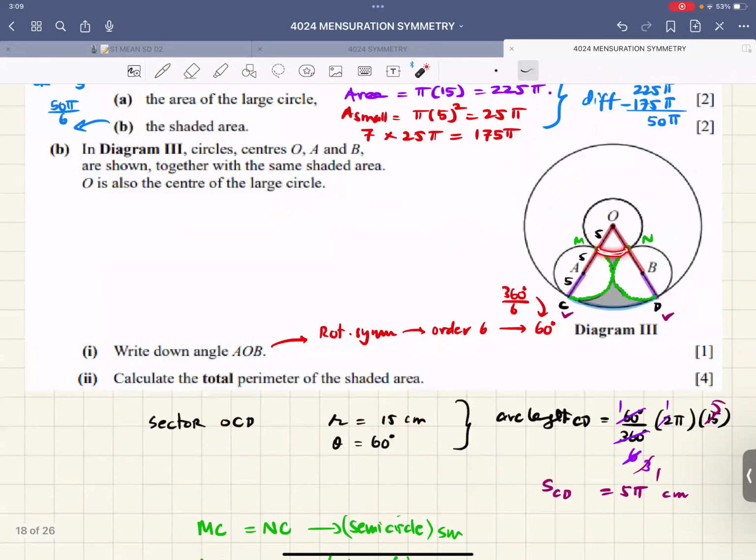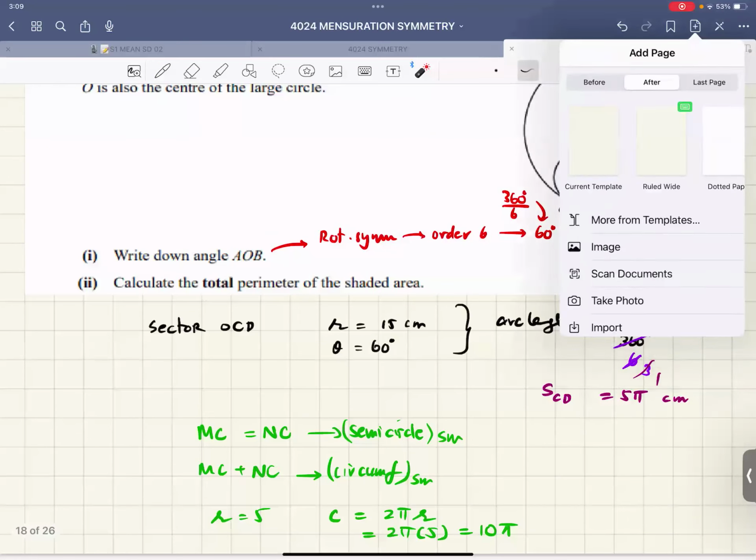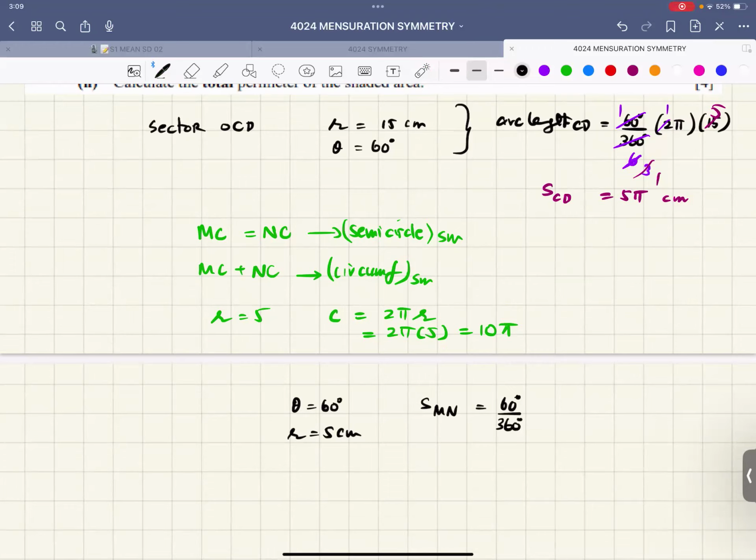Now let's find MN. So angle is the same, radius is 5. So now we have angle is 60 degrees, radius is 5 centimeters. So this is arc length MN. That is 60 over 360 into 2 pi r.